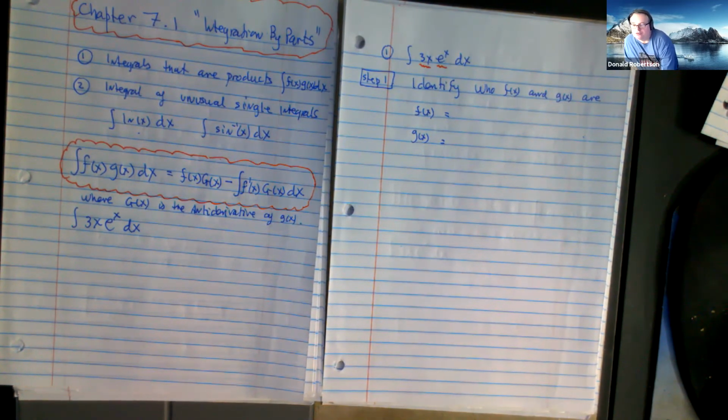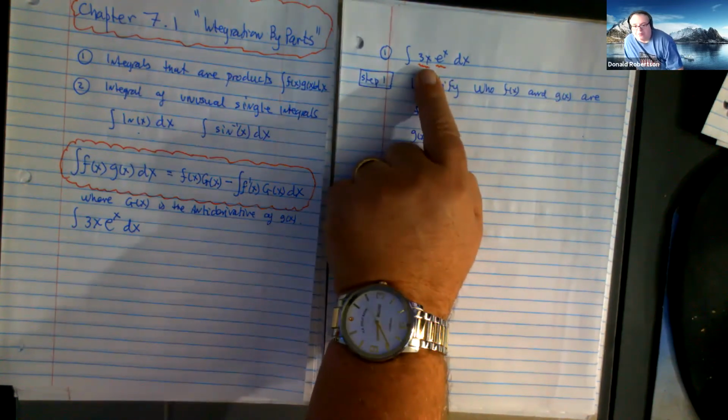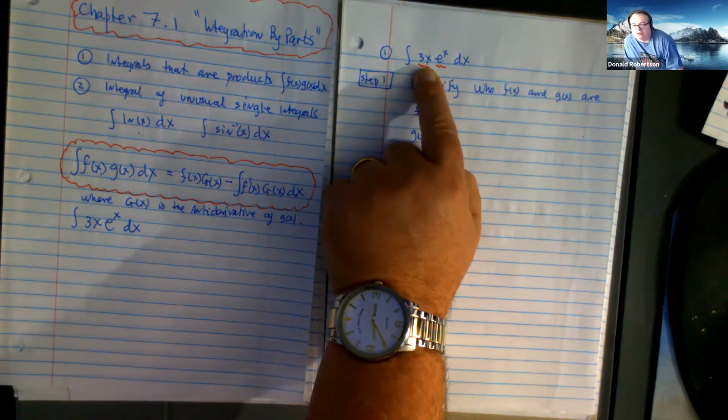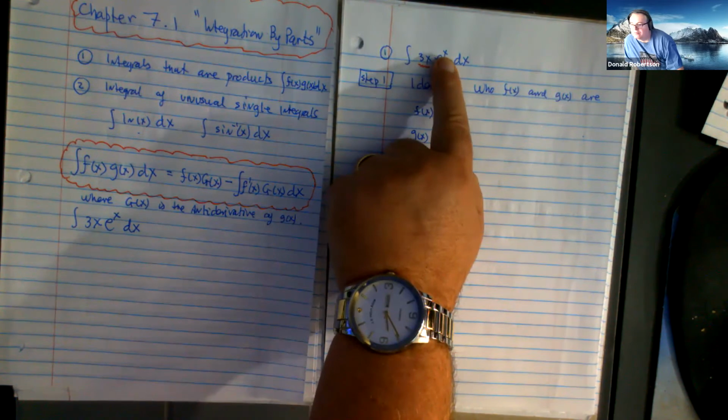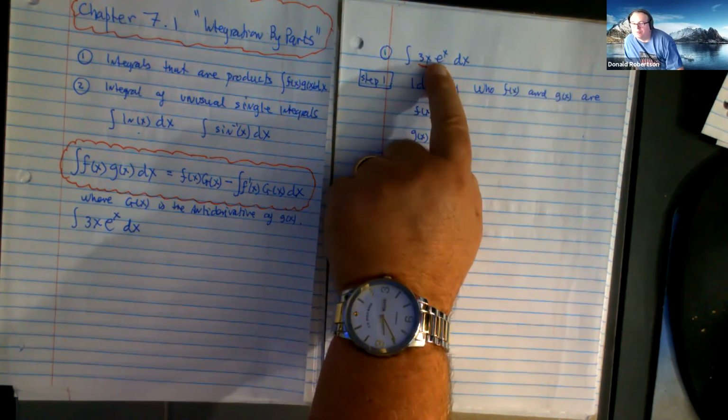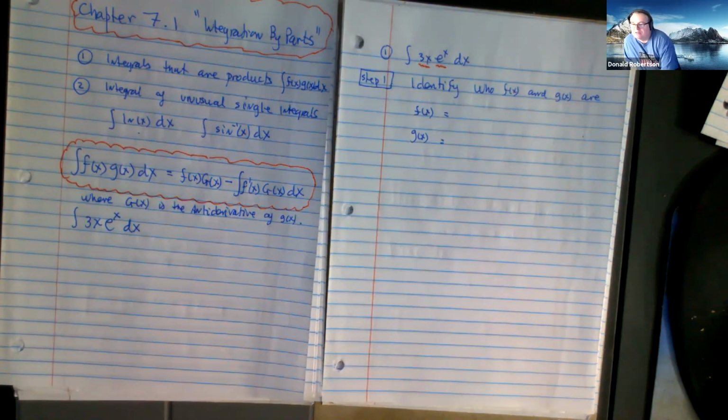These rules are not as good as the u-sub rules because there are many exceptions to them. But in general, if you ever have a power of x, 3x, x cubed, 5x squared, followed by an e to the anything, you're going to make this the f and this the g. So tend to make the polynomial piece, the x squared, the x cubed, the f of x.